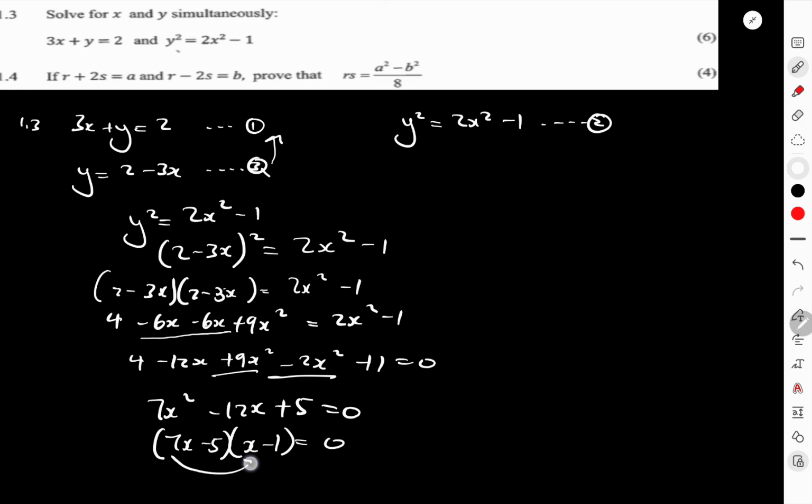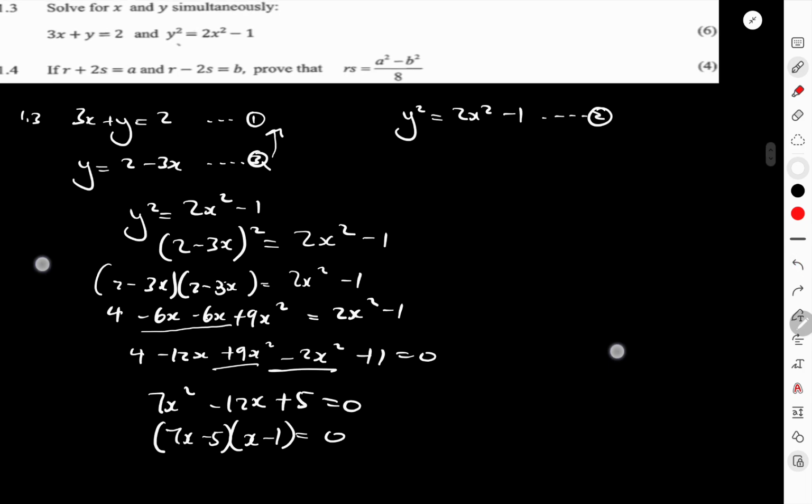Because if I were to expand these, I'm going to have 7x squared minus 7x minus 5x, which is going to give us the negative 12x that is already here. Then it's going to be negative 5 multiplied by negative 1, which is going to give us the positive 5 that is already here.